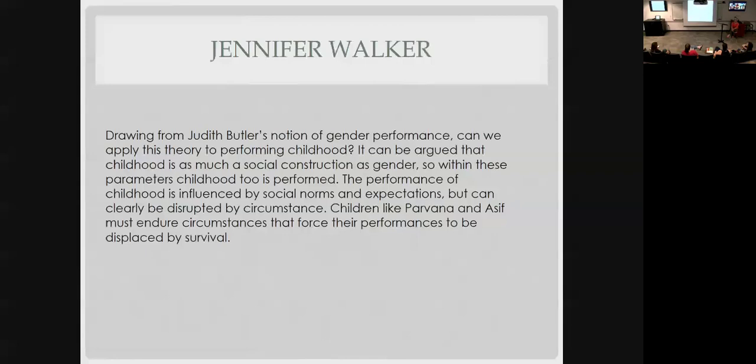So it's not natural. That's how I saw it as performance, because it can be halted. So some of the performance of childhood that Pravana tries to accomplish would be her imagining, creating that story.